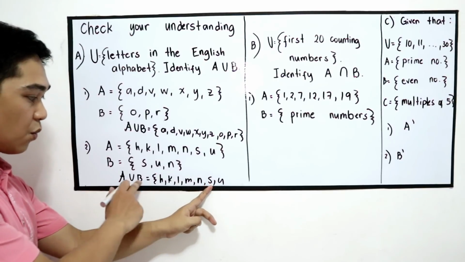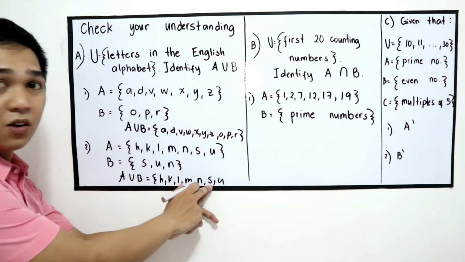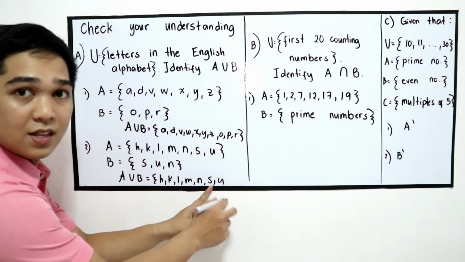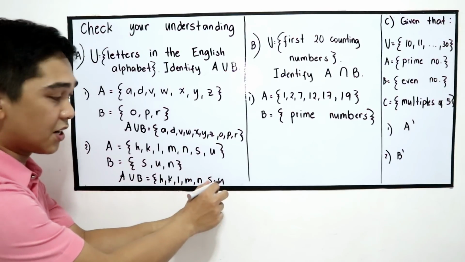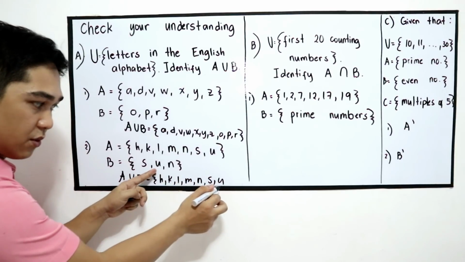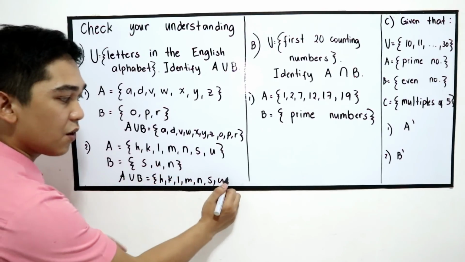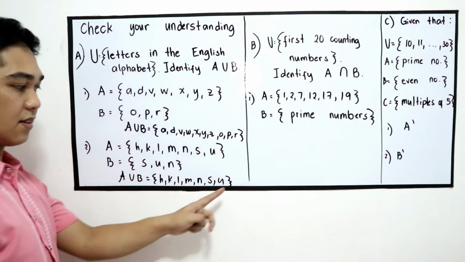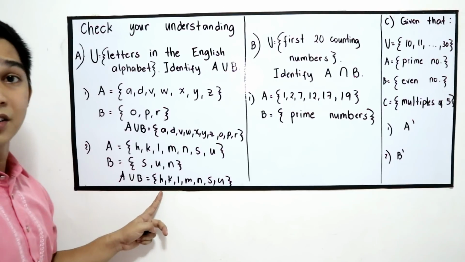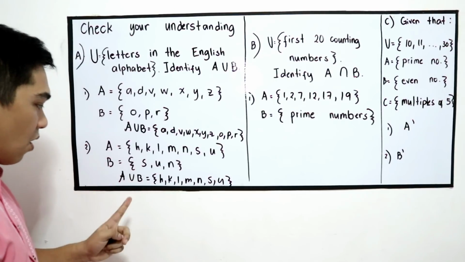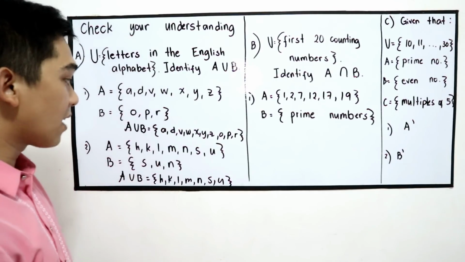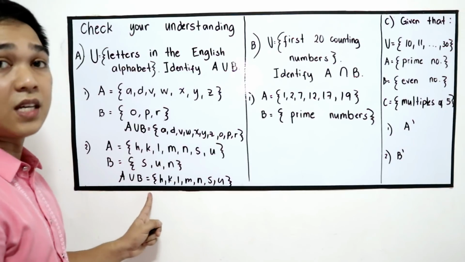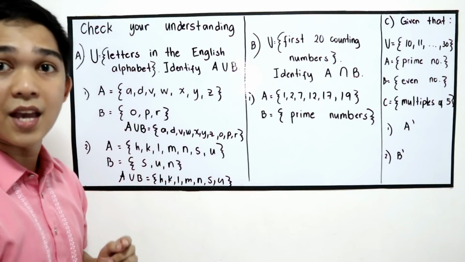We already wrote it here, so there's no need to repeat the element in your final answer. Also with U and N. So we will end this as the final answer. Or we can also write your answer as A union B is equal to set A.